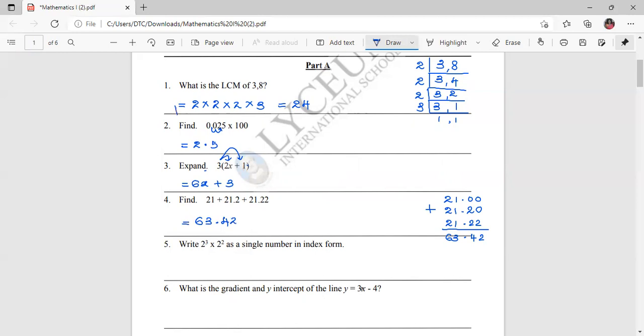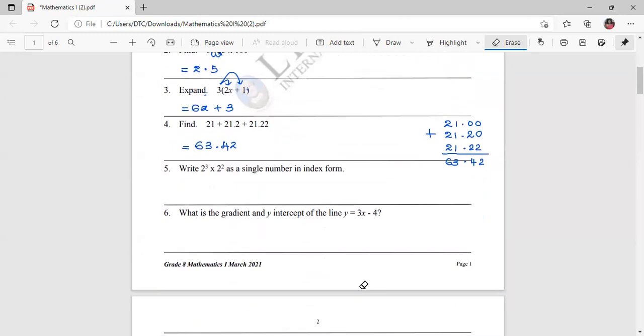And look at this: all the equal signs are in one line. So it's very neat, right? Whoever is marking your paper will be very happy about your work. Apart from the correct answers, the person marking will be very happy after seeing this neat work, right? Then we'll move to question number 5.